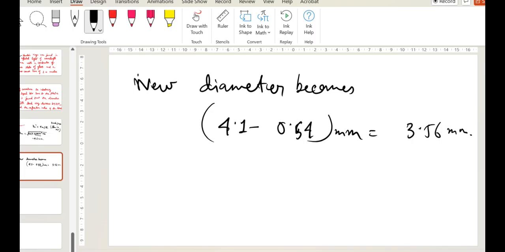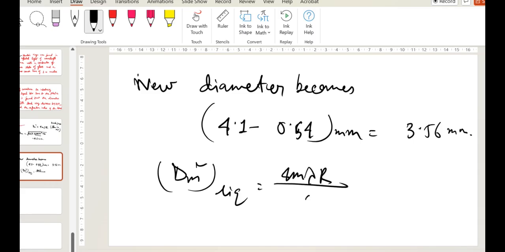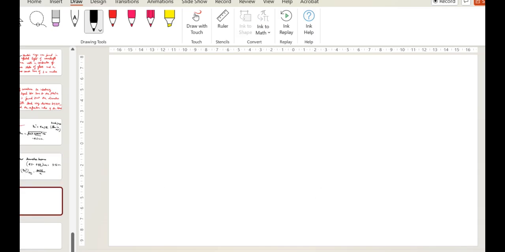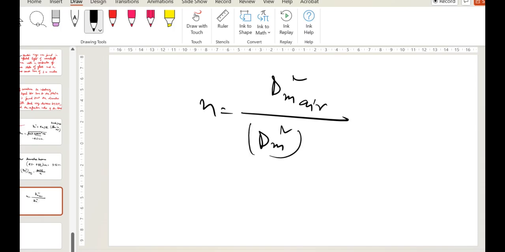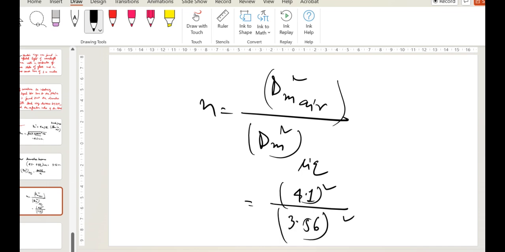So here D_m square in liquid is basically 4m lambda R by n. So we take D_m in air whole square and D_m in liquid whole square, and their ratio, 4.1 whole square over 3.56 whole square.